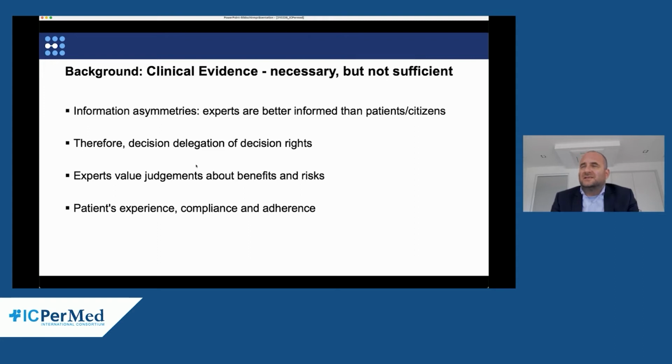The question is, every time these experts make decisions, they have to weigh the benefits and risks. Every time a drug or a technology is being approved, somebody or a group of people is weighing benefits and risks.